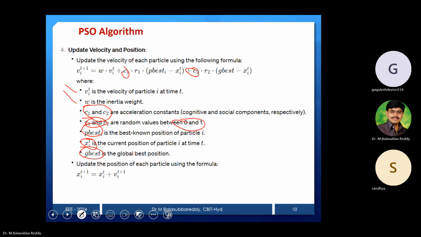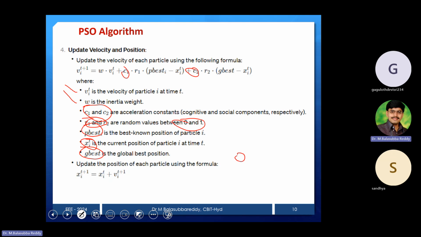So now update the position of each particle using the formula. The new position we can get easily, because if we know the current position and the velocity, and add these two things, we get the new position. It is straightforward.